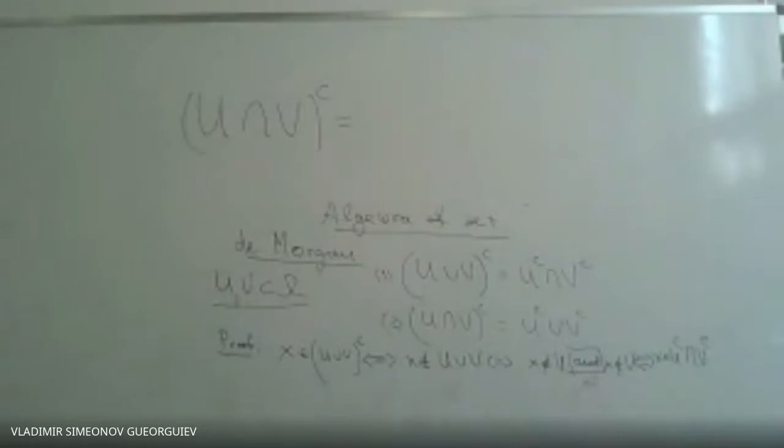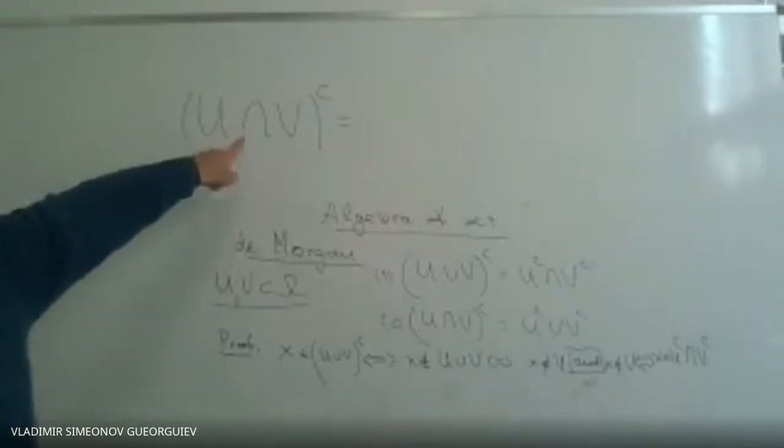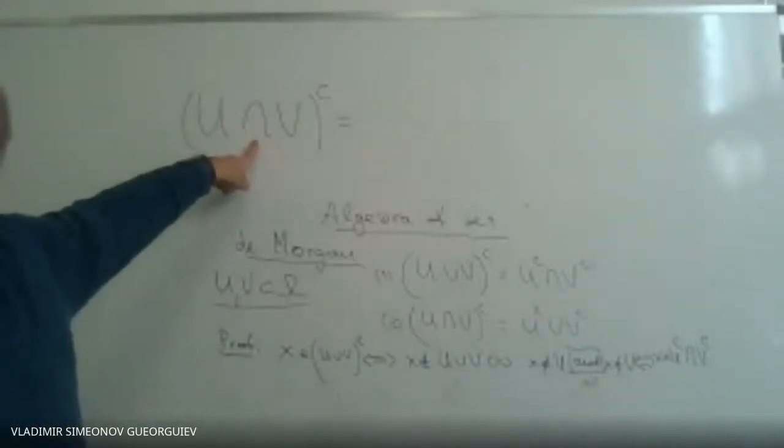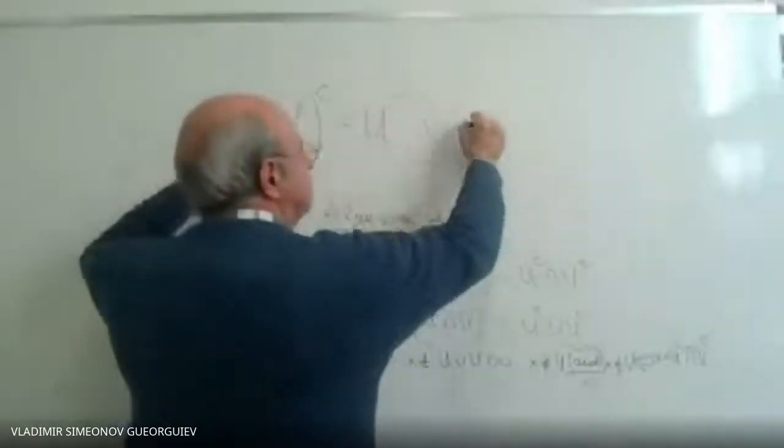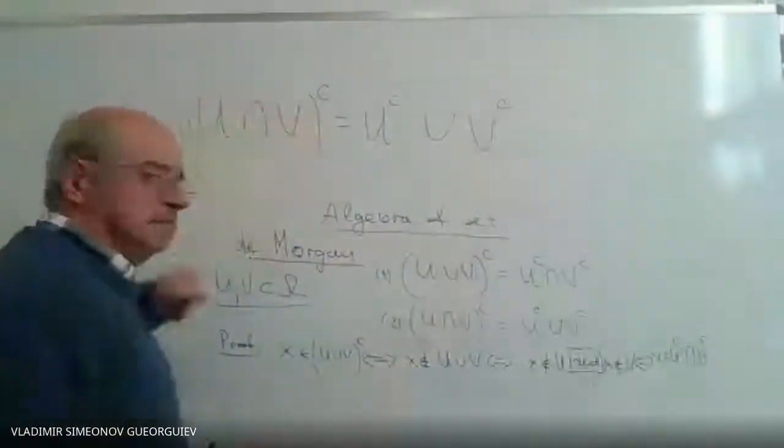According to De Morgan, how can you translate? If here we have intersection, this is equal to union. We have union of what? Complementary of U, complementary of V.